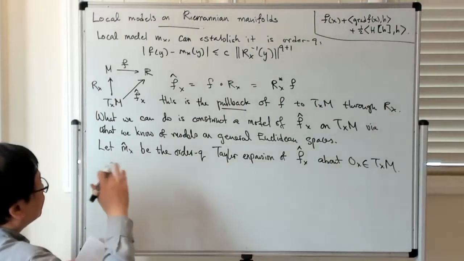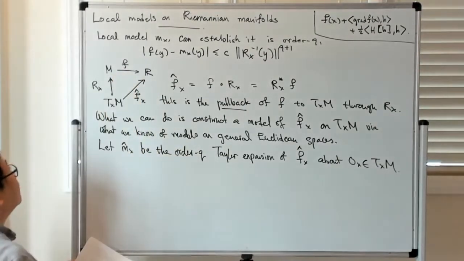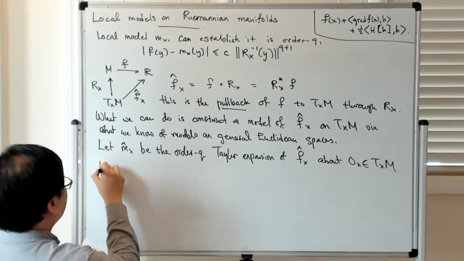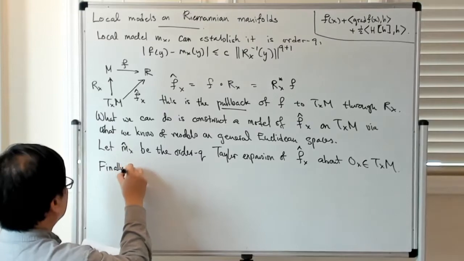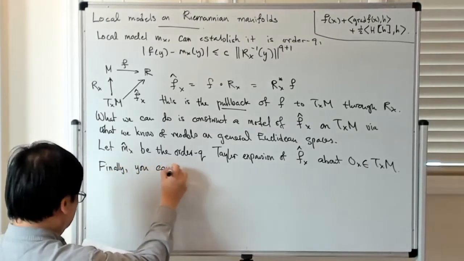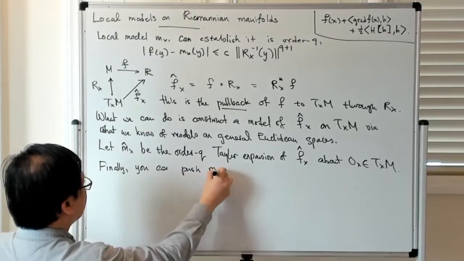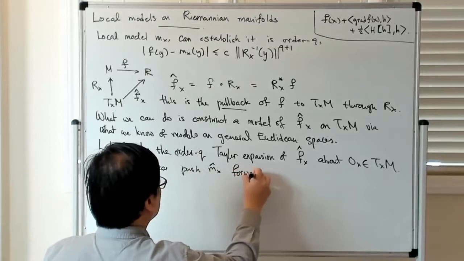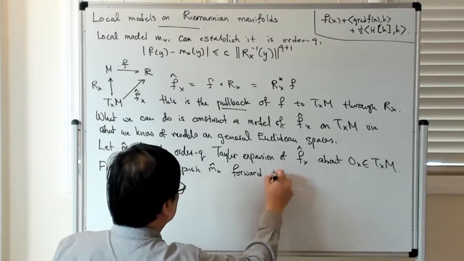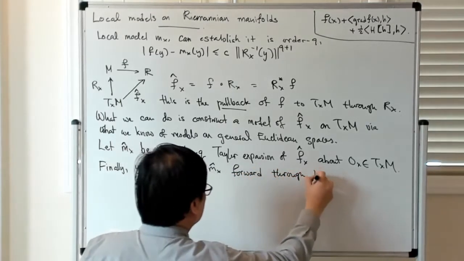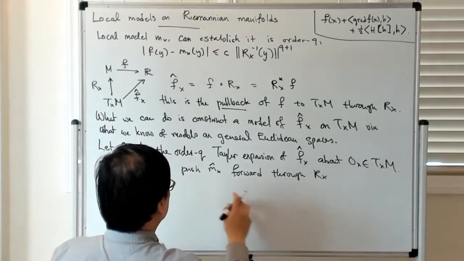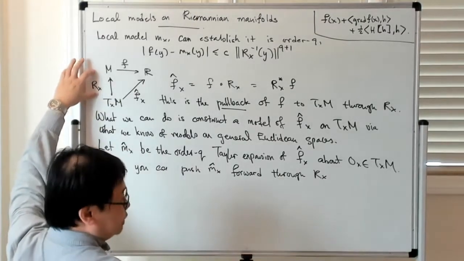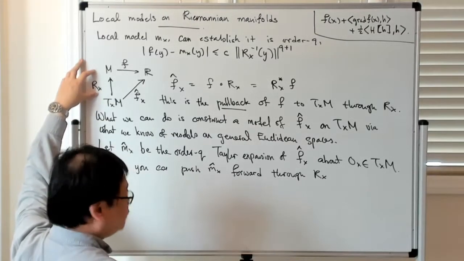Once you have that, you can push that back to M. You can push m_x hat forward through R_x. This is the push forward. The push forward requires this to be invertible, but we have a retraction, so that actually is invertible locally.